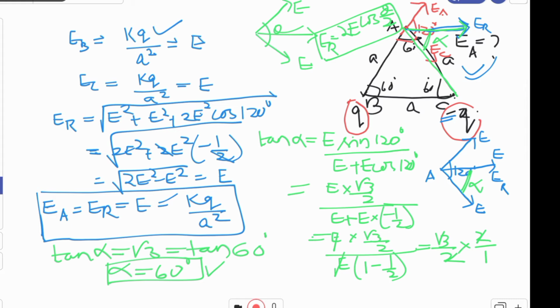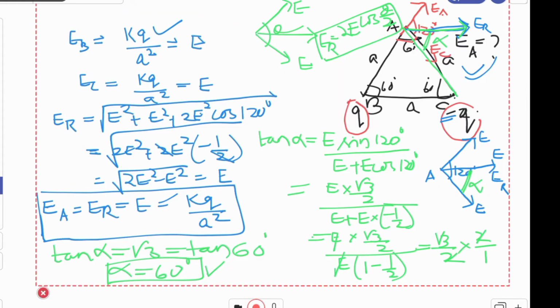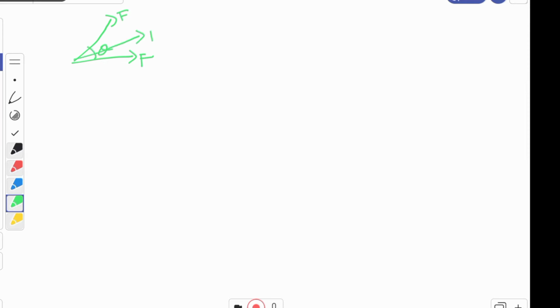So can I clear the board? Okay. Let me clear the board now. See, children. Suppose two vectors are there. One vector is like this, F, and another vector is like this, F, and it makes an angle theta. We need to find out the resultant of these two vectors. These two vectors are equal vectors.